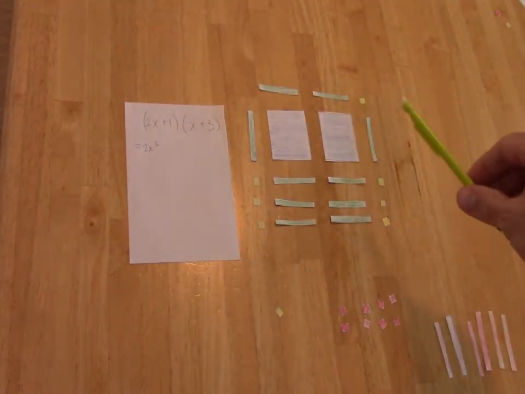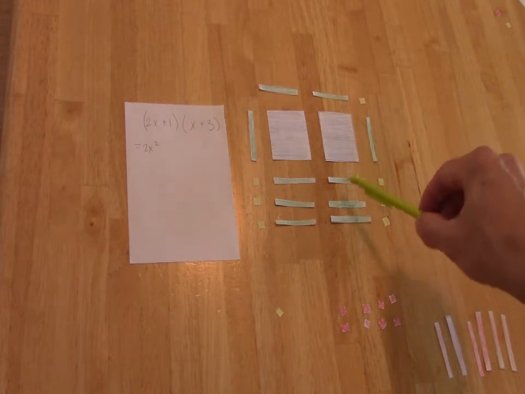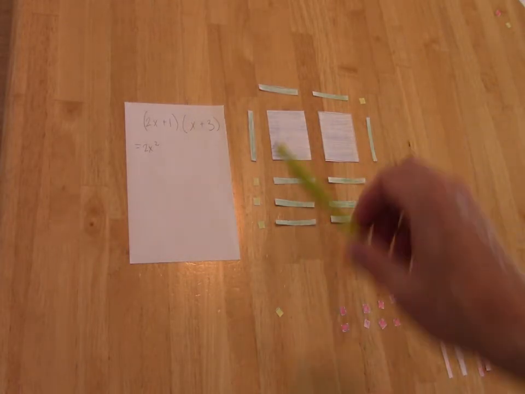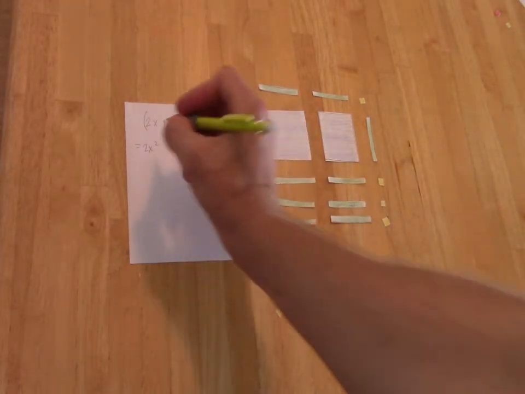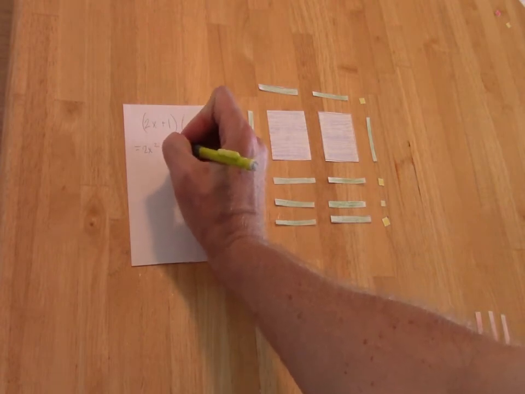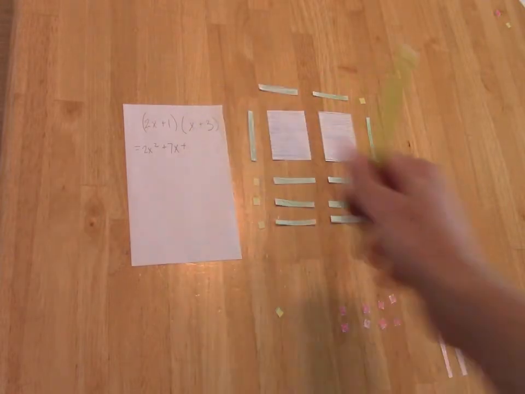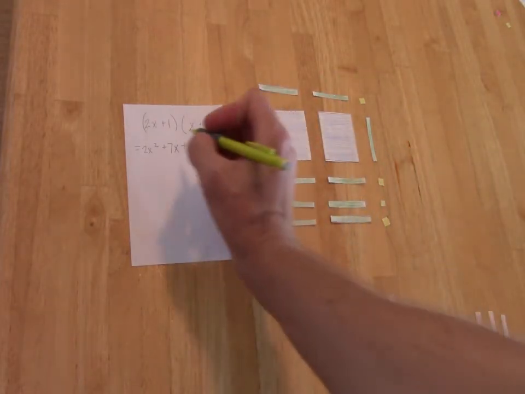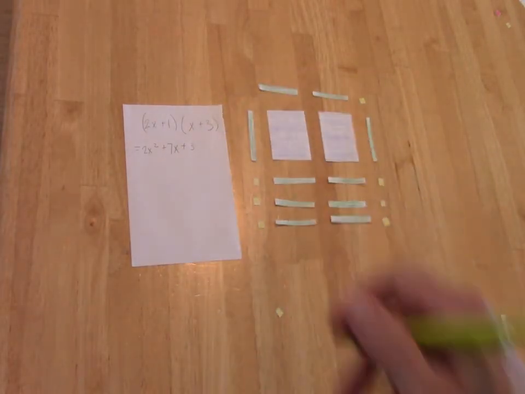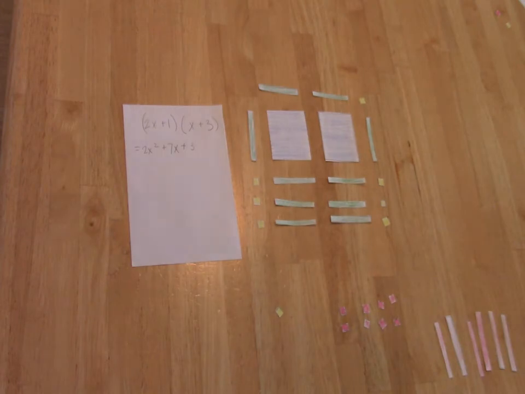And how many x bars do we have? X sticks. 1, 2, 3, 4, 5, 6, 7. We have 7 x sticks. And I have 3 units. So the product of the quantity 2x plus 1 times the quantity x plus 3 is 2x squared plus 7x plus 3.